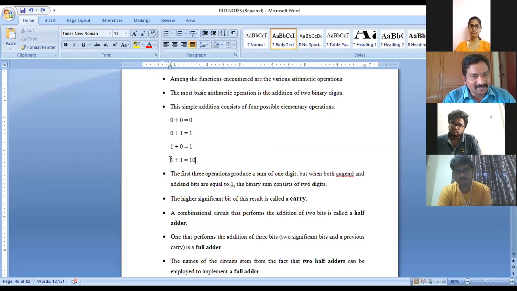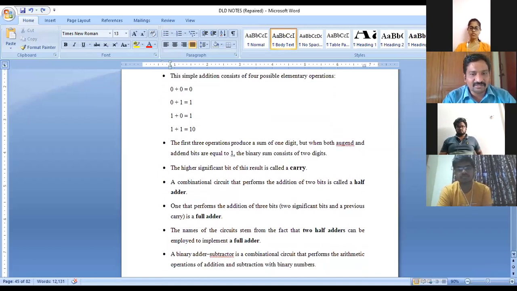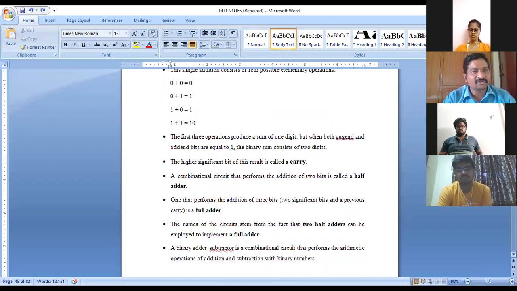If required, sometimes you can add 3 bits, and we require the full adder. Sometimes 2 half adders make a full adder. Once you see the circuit diagram, you can easily see the difference between the full adder and half adder, and where to use the full adder and half adder.